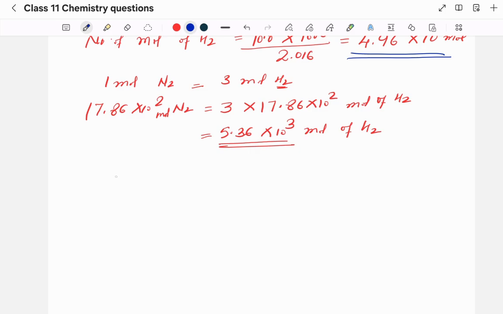So what is the limiting reagent? Hydrogen is the limiting reagent. So the amount of ammonia will depend on the amount of hydrogen which is given.